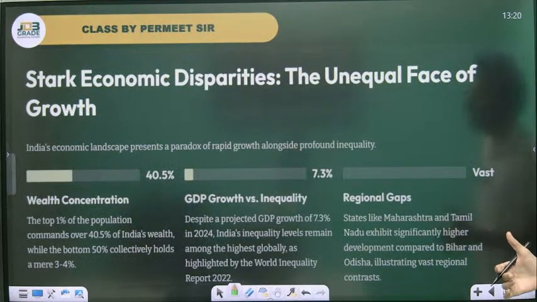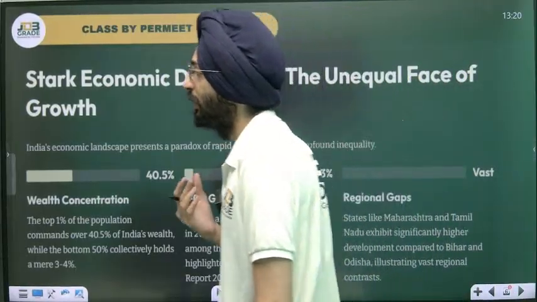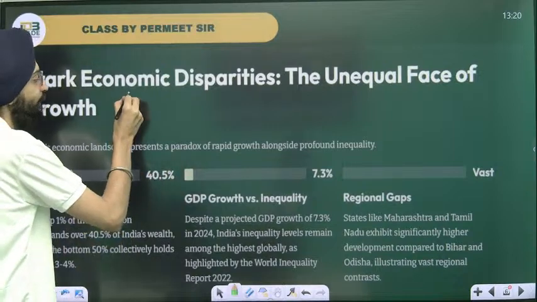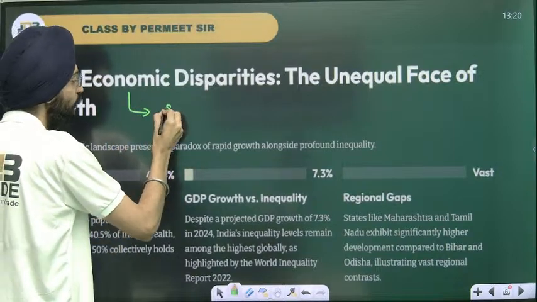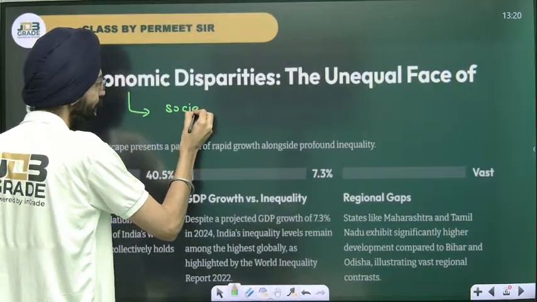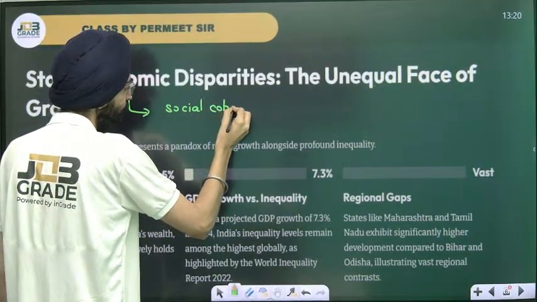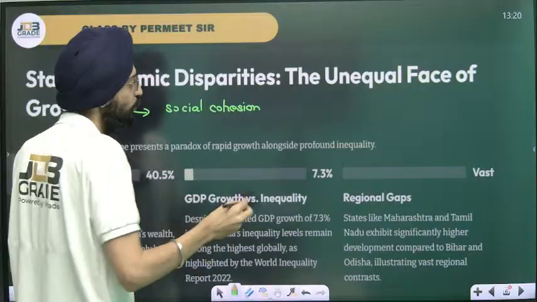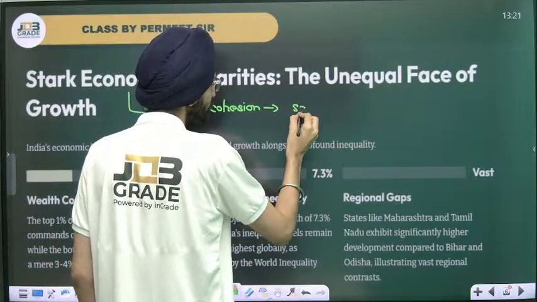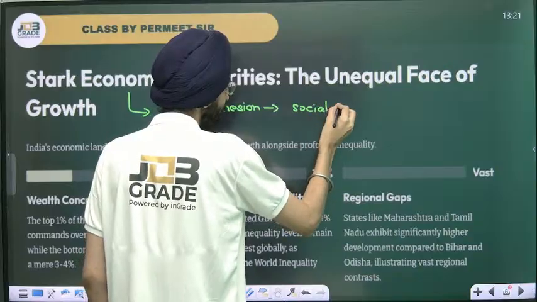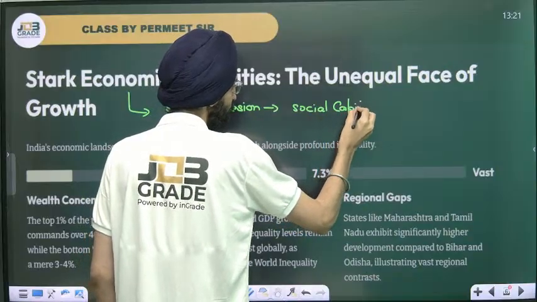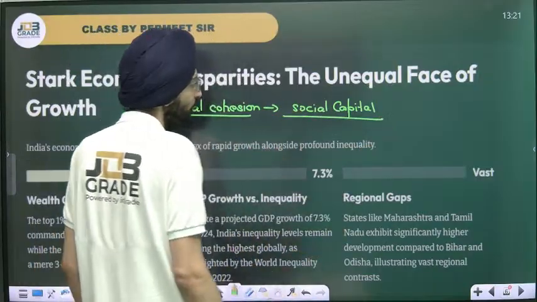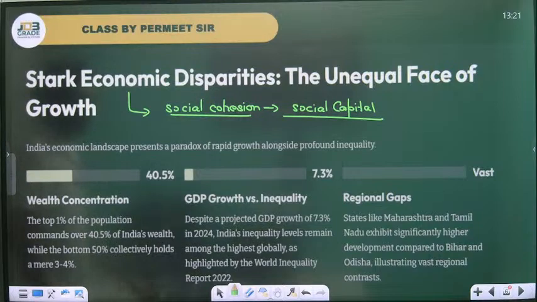As we have discussed, there are stark economic disparities that impact negatively what we call social cohesion, or what we call social capital.